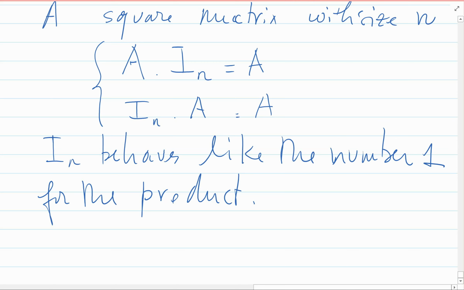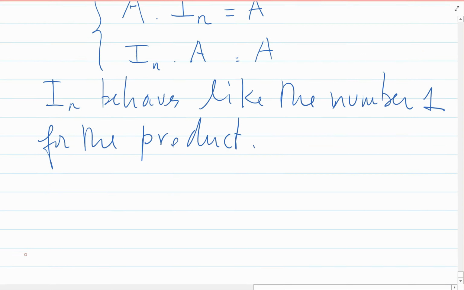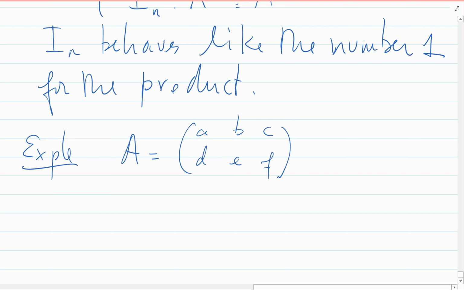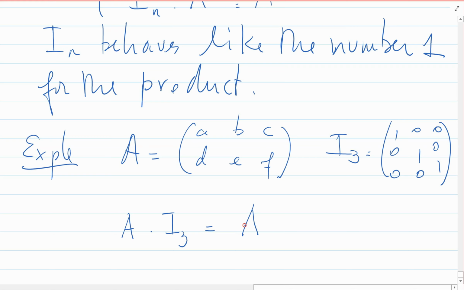Keep in mind, for example, if you take A, which is a 2 by 3, with entries A, B, C, D, E, F, in order for me to do A times I, I am going to consider I3, which is 1, 0, 0, 0, 1, 0, 0, 0, 1. So if you take A times I3, you will find A.